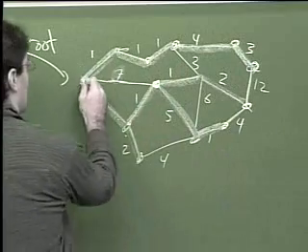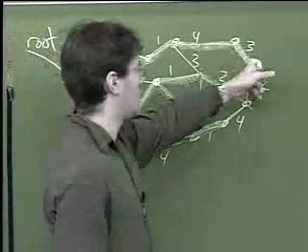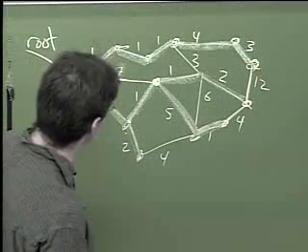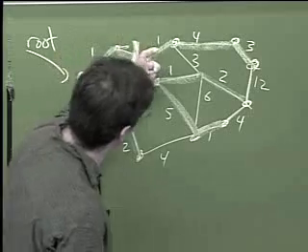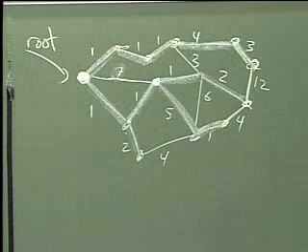So for instance, there are several ways to get from this node to this node over here, but I claim that the shortest path will have length 1, 2, 3, 7. Try to find a shorter path; I don't think you'll be able to. Sometimes there are ties.